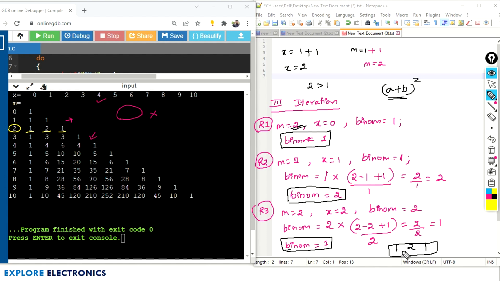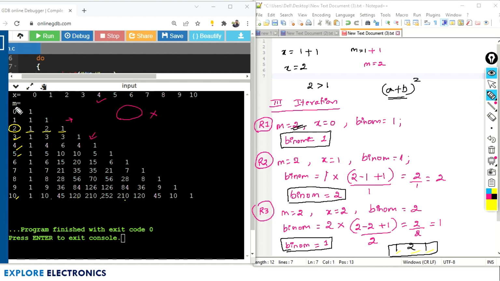That is what we have arrived at after calculation. Similarly, for the binomial expression with power 3, 4, 5 and up till 10, these are the binomial coefficient values that we are going to get. So this is how we can plot the table of the binomial coefficients for different values of m and x.